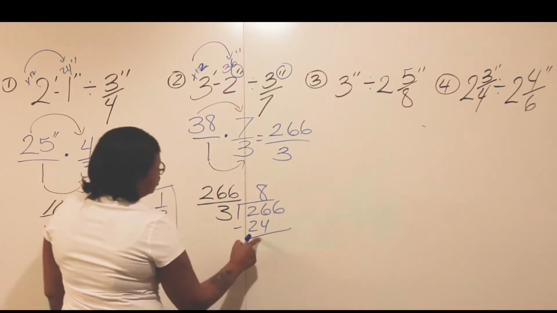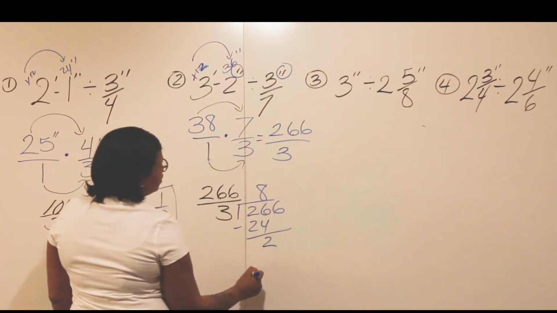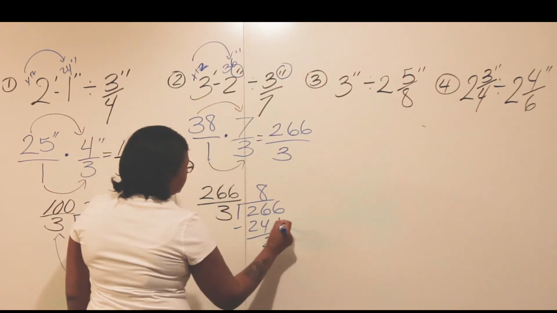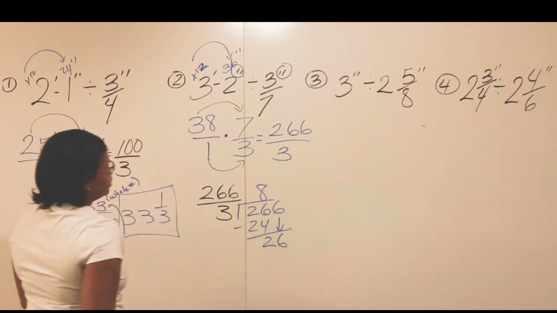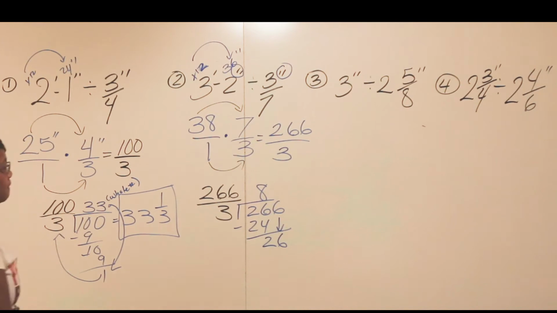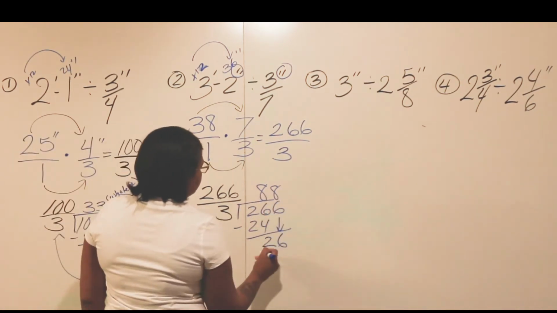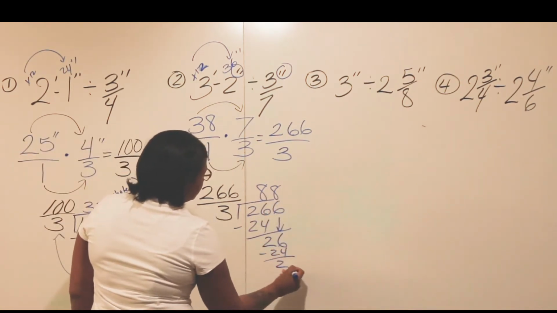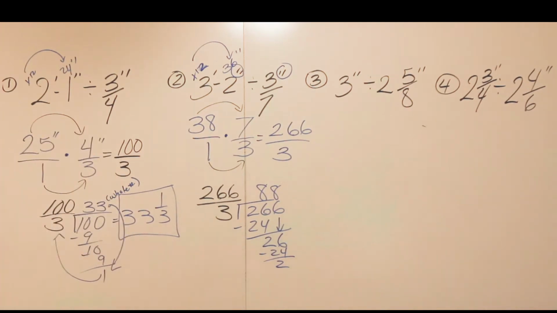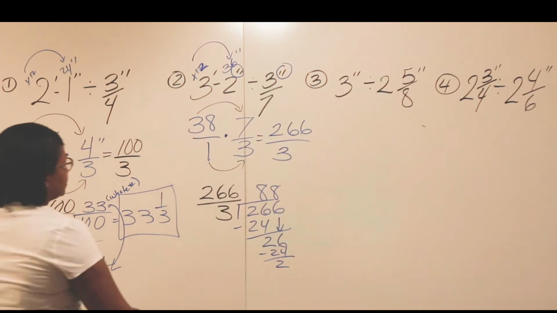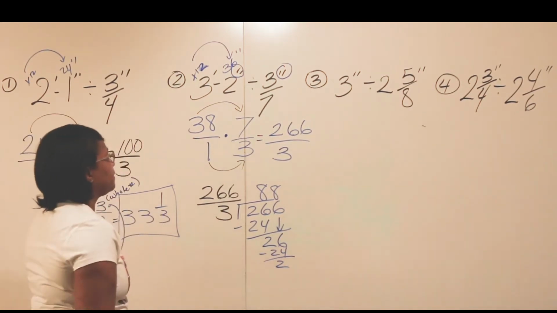So 26 minus 24 leaves me with 2. Drop that 6 because 3 can't go into 2. So this improper fraction is going to turn into a mixed number. I know because there's something left over. This 2 represents what?